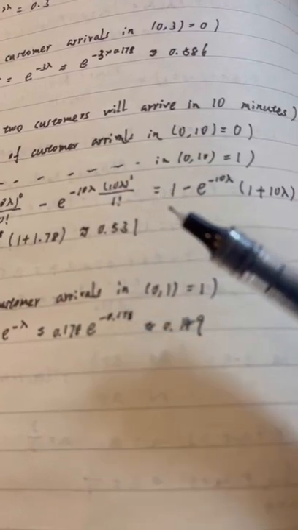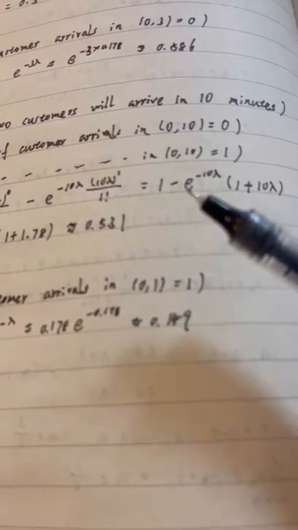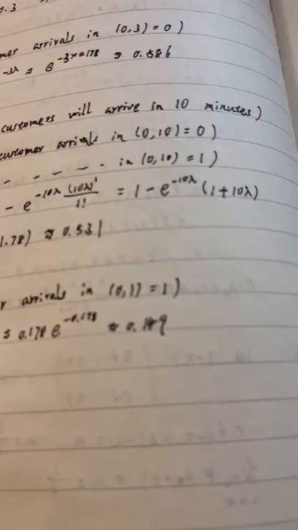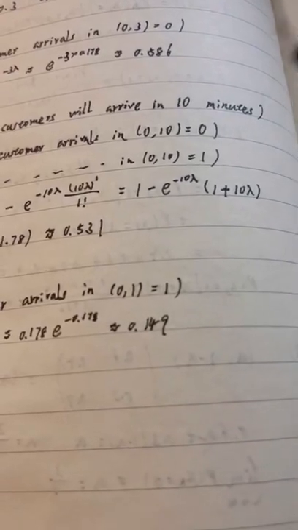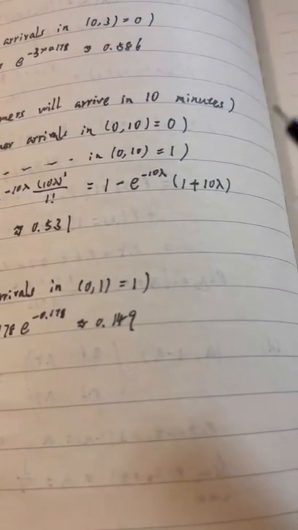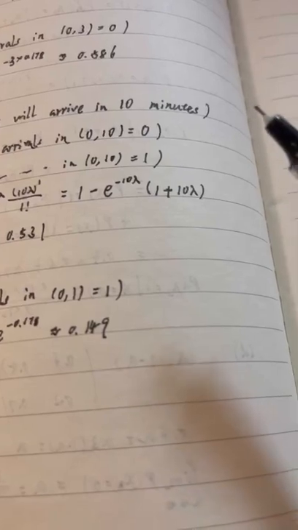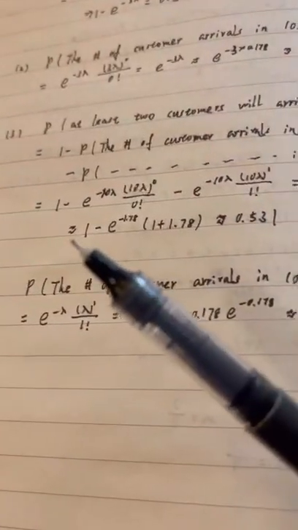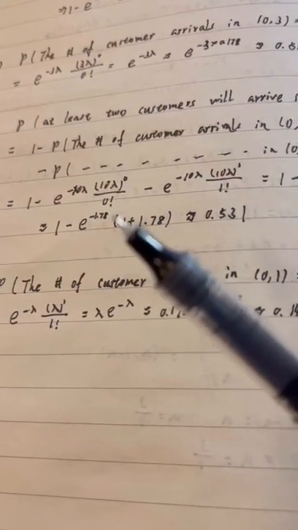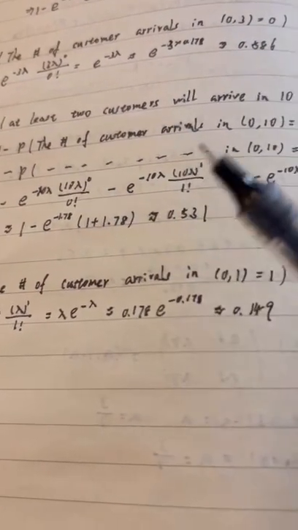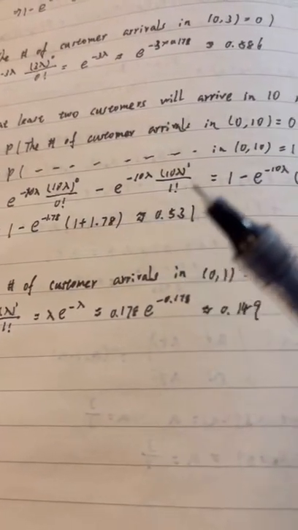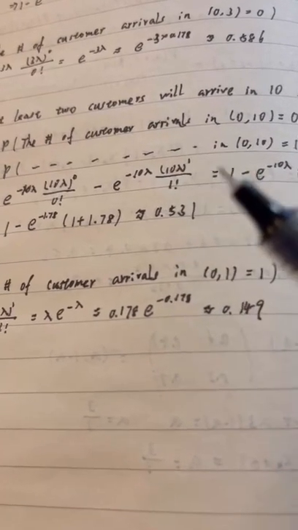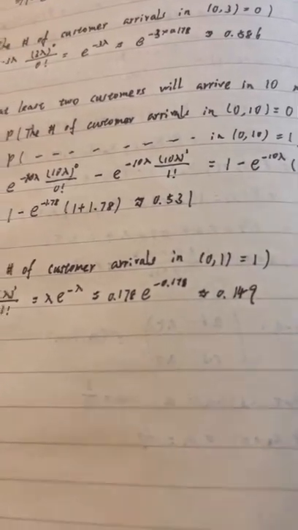So it equals 1 minus e to the power of minus 10 lambda times (1 plus 10 lambda). When we substitute lambda into it, the final result is approximately 0.531.